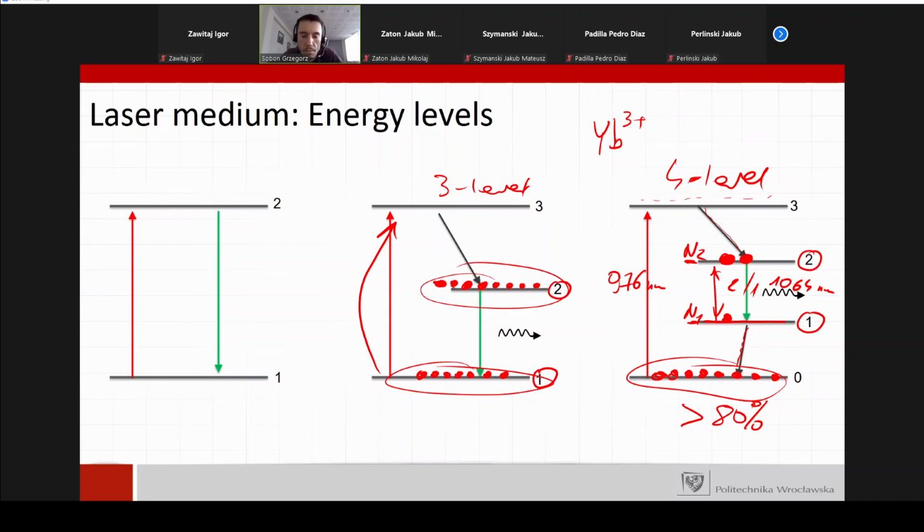So this is the principle. In general, in lasers, we use 4-level systems, but there exist, of course, 3-level systems as well. As I said, the ruby laser, for example, is a 3-level system. But now most of the lasers are 4-level systems.